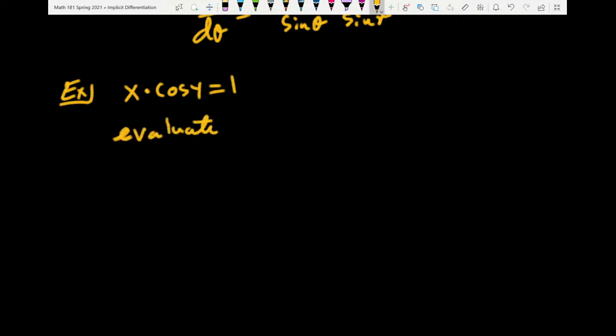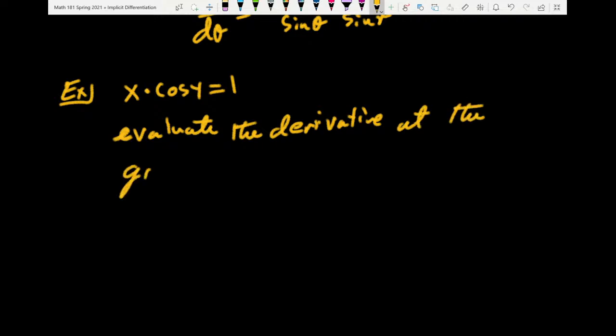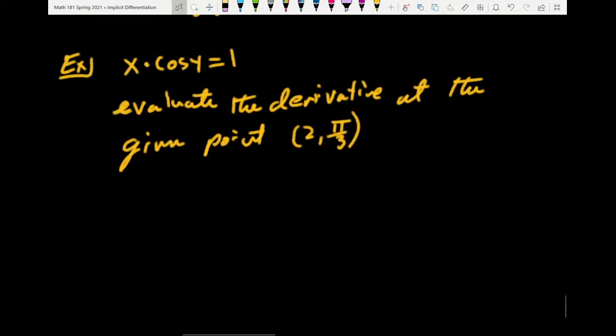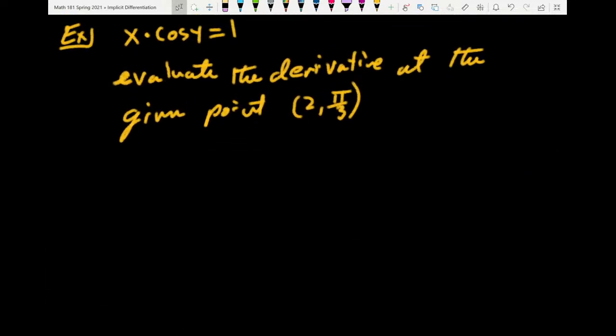Evaluate the derivative at the given point, 2 pi over 3. So again, let's do the product rule.